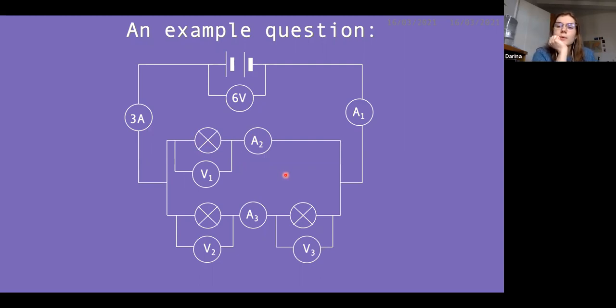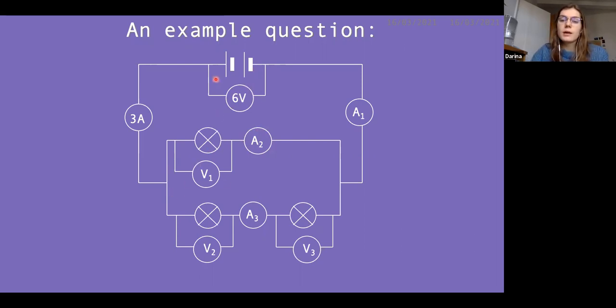What would the voltage be across that light bulb? Well, just the same as across any other branch in this circuit. This would be 6 volts.